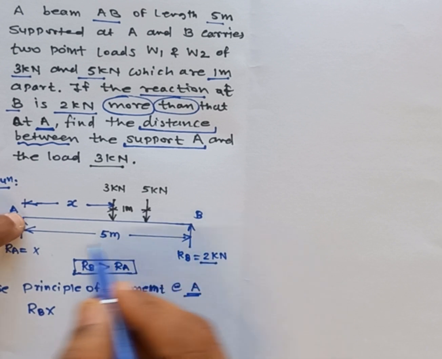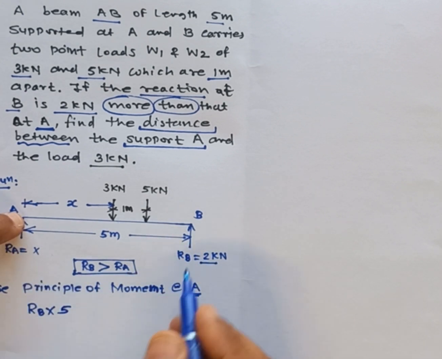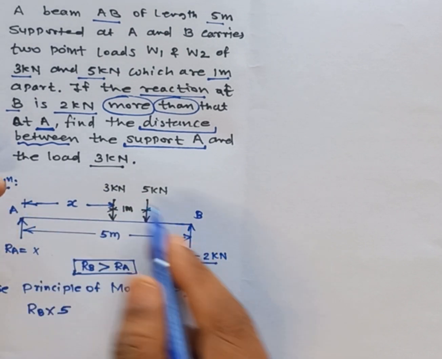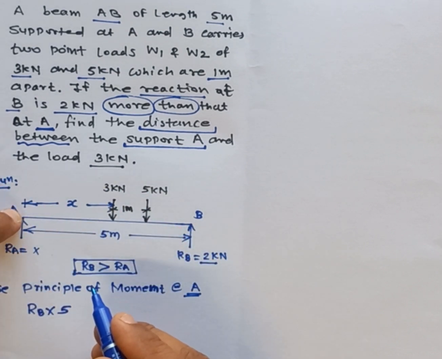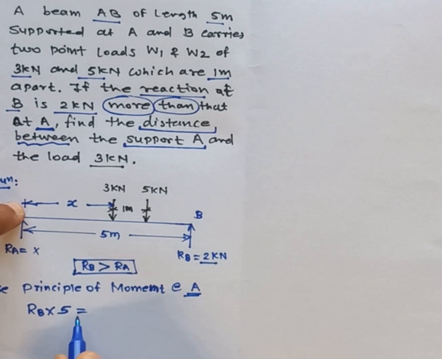So RB into 5; now this is anti-clockwise. It equals, now these two forces are clockwise about A, so no need to write a sign now.